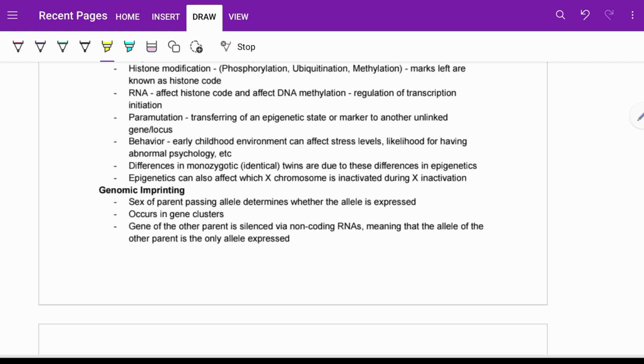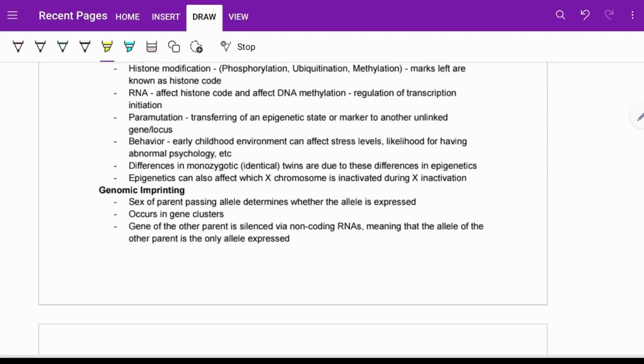We can also observe this in identical twins, when there are differences between them, especially phenotypically, these are likely due to epigenetics.